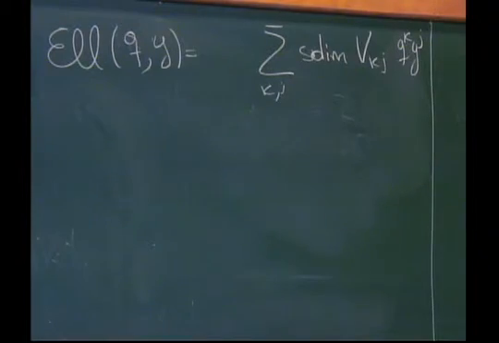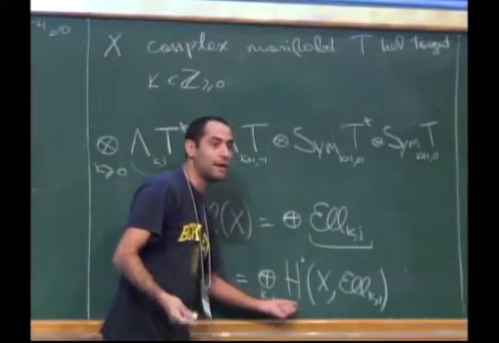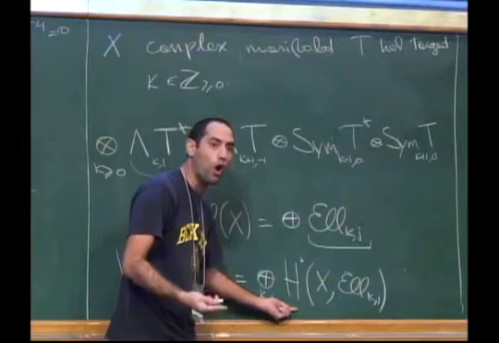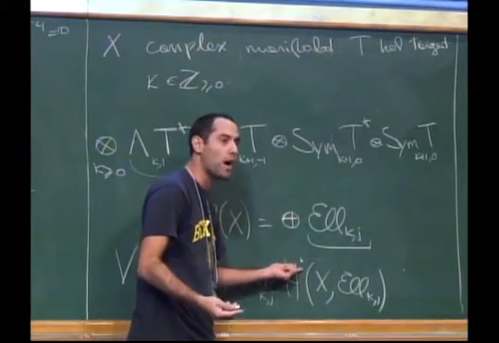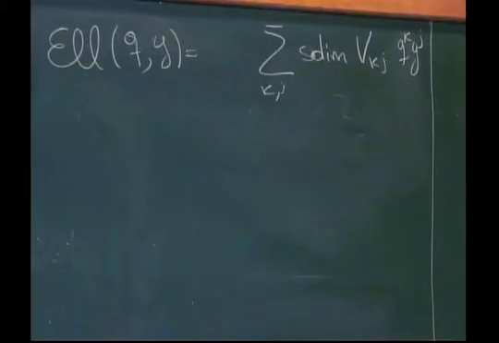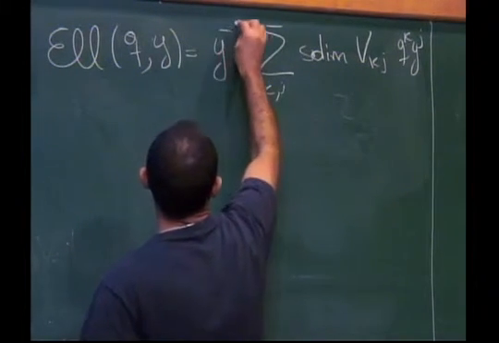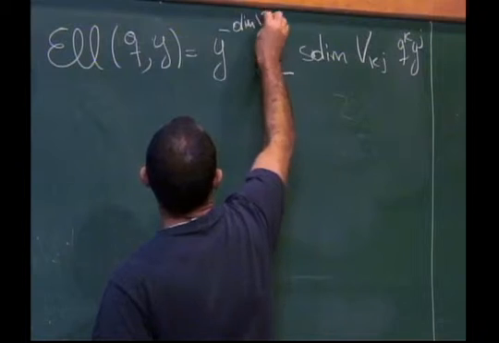This is the full cohomology of this bundle. So I'll declare even the even cohomology, and odd the odd cohomology. So things in H1 would go with a minus in that sum. And now you just multiply to correct by minus the dimension of X over 2.